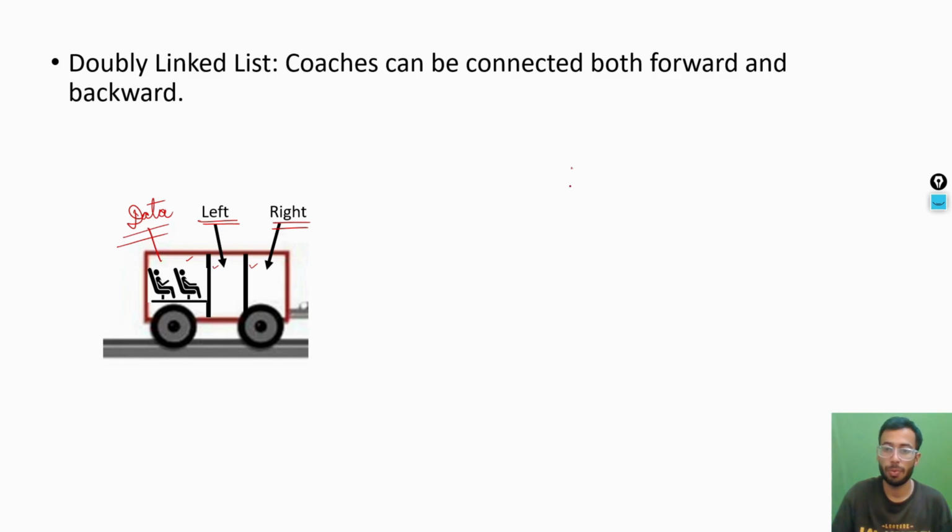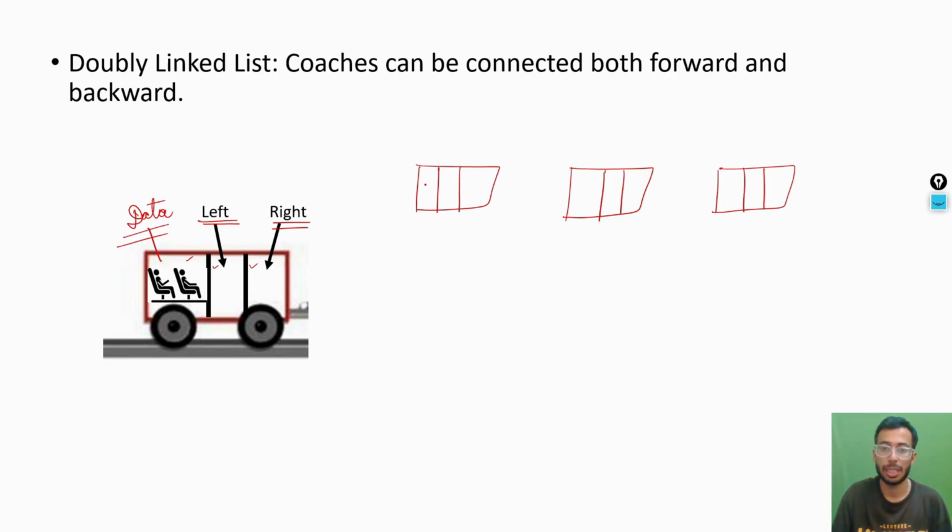So let's say this is one node of the linked list, this is another node, and this is another node. Here let's say we store the data 1, 2, 3. This is the data that is stored in each of these nodes.